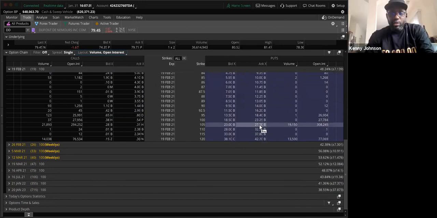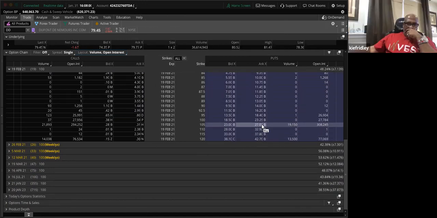If they buy it at the 105, they're paying $27. If the price goes down from 79, because we're at $79 right now, right? If it goes from 79 to 60, that's about 20 points. That $27 put would be $42.70.